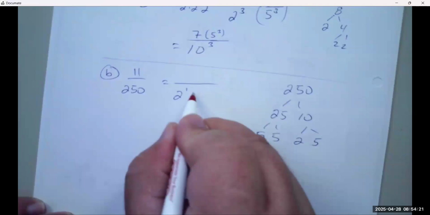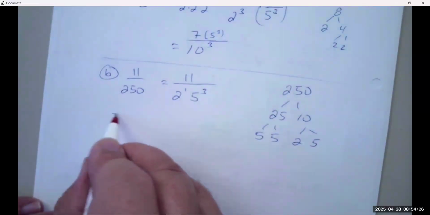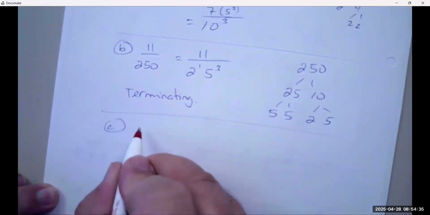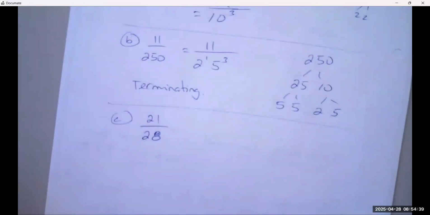So it's 2 to the first, 5 to the third. Yes. So it's terminating. How about 21 over 28?